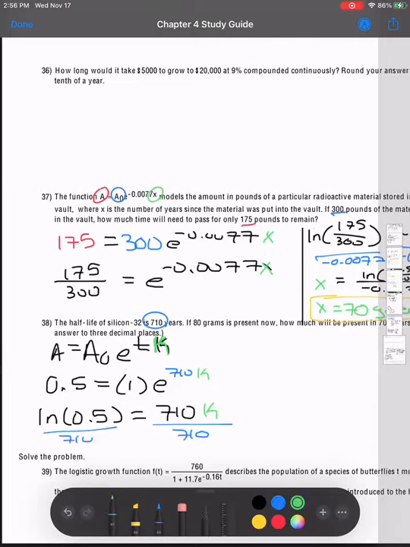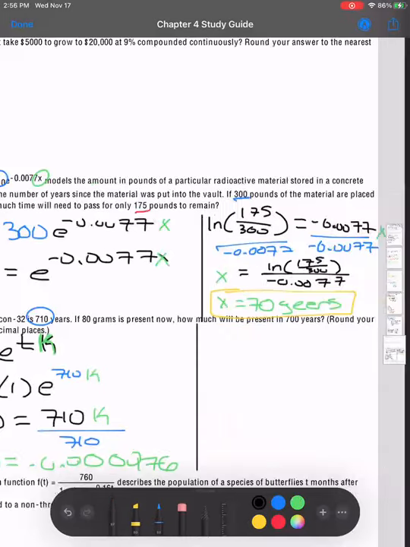And then when you put everything on the left side into the calculator, the ln 0.5 over 710, you get k equals negative 0.0000976.